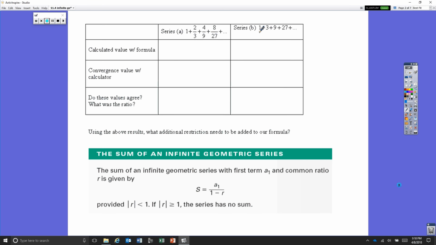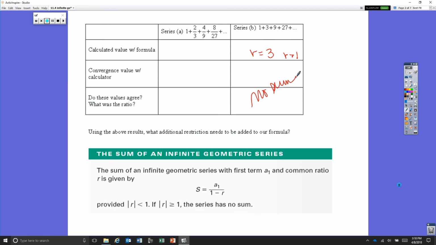And then I have 9, which brings me to 13 total. And then 27, which brings me to 40 total. So no matter what, my sum is also increasing all the time, not converging. So when you have a ratio of growth, something over 1, you get no sum.